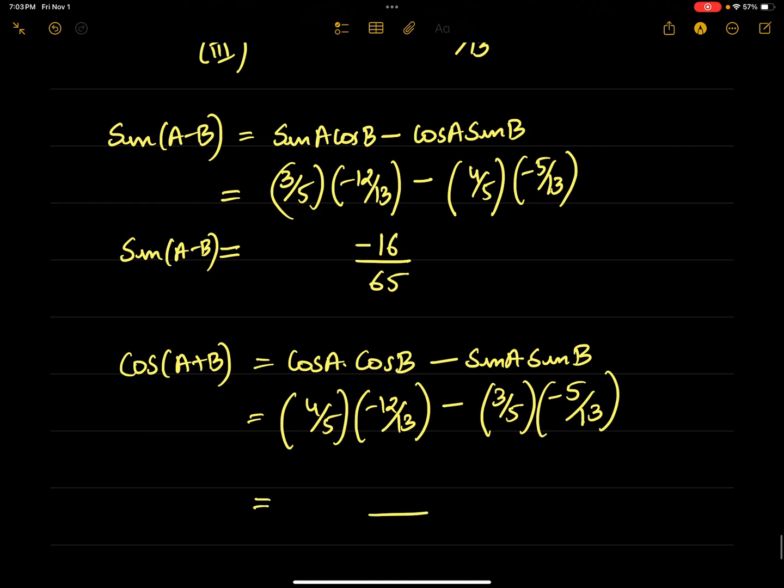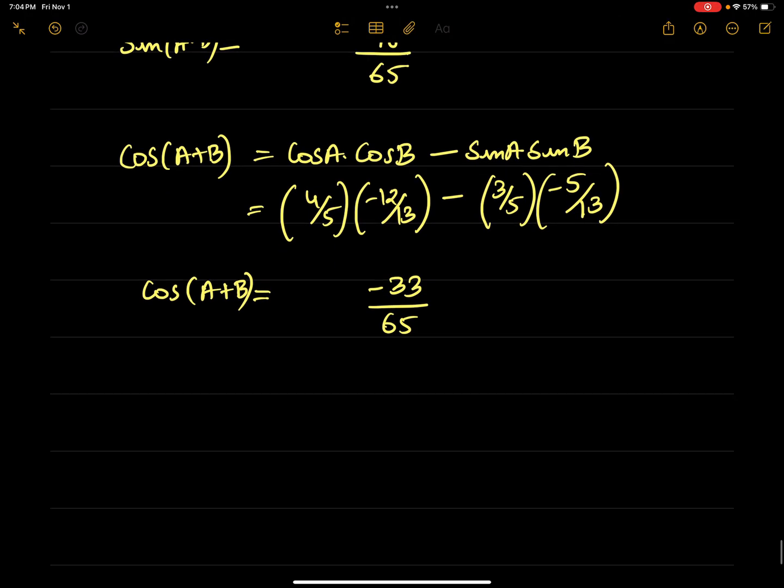So the denominator would be 65. The numerator would be minus 48 plus 15. We would get minus 33. So cos of A plus B is minus 33 by 65.